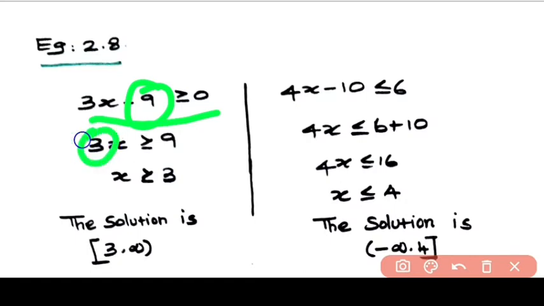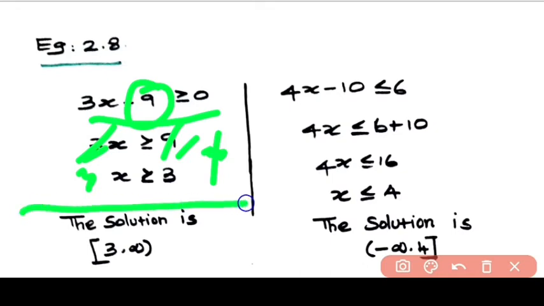Both sides divide by 3. Therefore x is greater than or equal to 3.